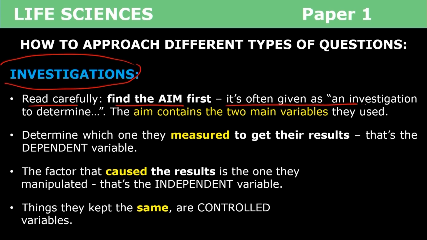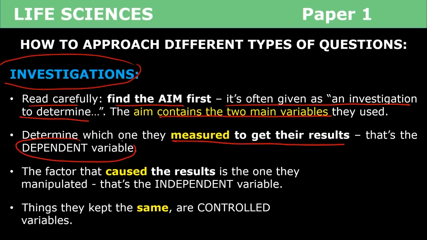It is often given as an investigation to determine, and then that is the aim, okay? The aim contains 2 variables. Determine which one they measured to get the results. Remember, the one that we measure in an investigation is most likely to be our dependent variable.